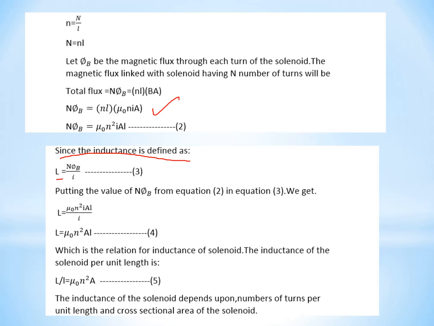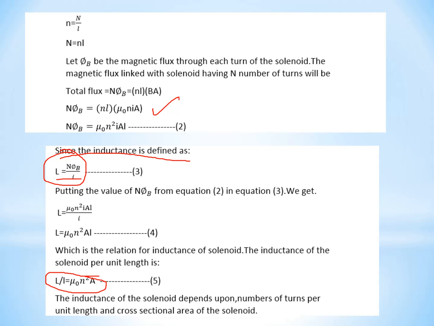Inductance is defined as the ratio of flux linkage to the current. So substituting all the values from equations 1 and 2, we obtain the formula to calculate the inductance of the solenoid.